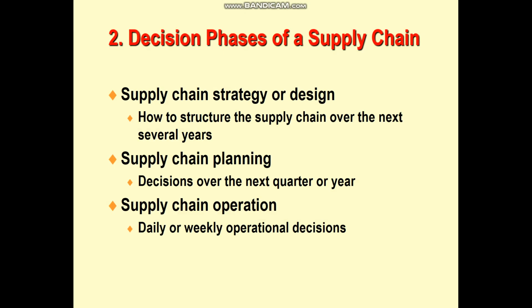Okay, so in the next part we will see how many decision phases there are in a supply chain. We have three main decision phases. The first one is supply chain strategy or design. The second one is supply chain planning, and the third one is supply chain operation.